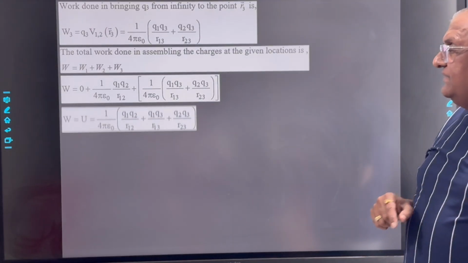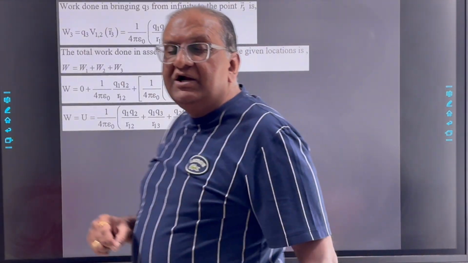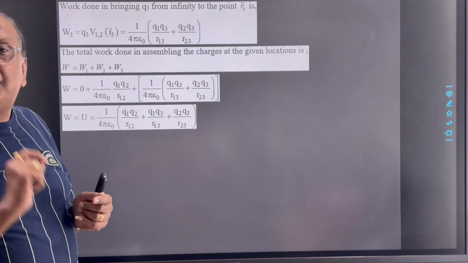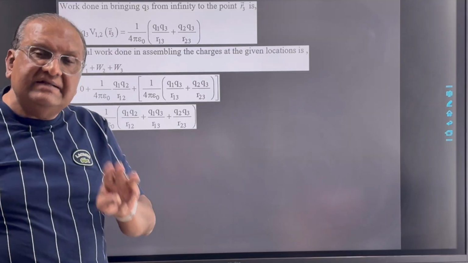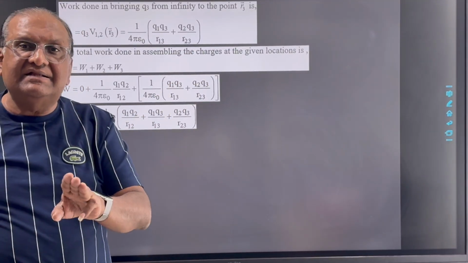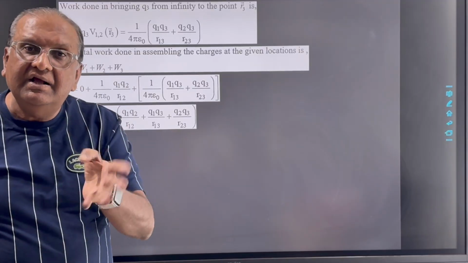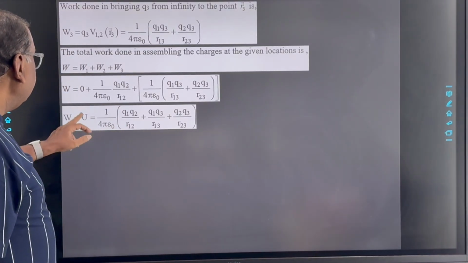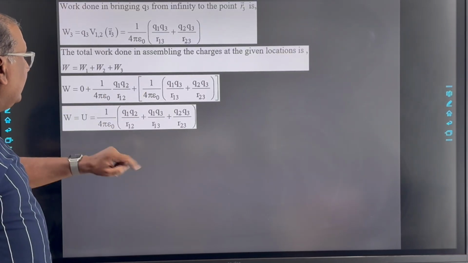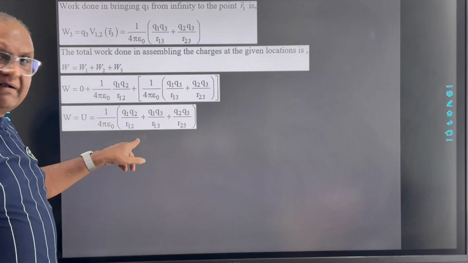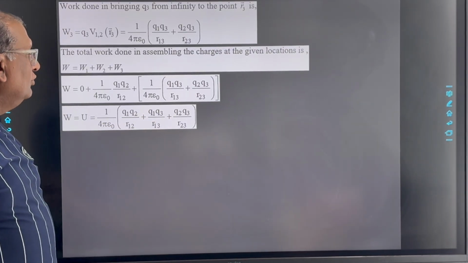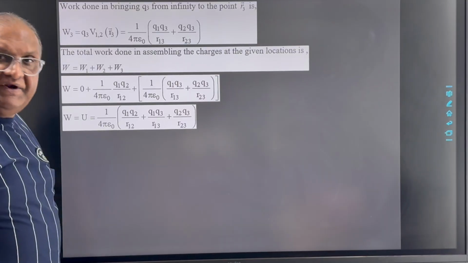So here the resultant work done to assemble the system of 3 charges is stored in the form of potential energy. So we can say the potential energy of a system of 3 charges Q1, Q2 and Q3 is U equal to 1 upon 4 pi epsilon 0, which is taken common here, times Q1 Q2 upon R12 plus Q1 Q3 upon R13 plus Q2 Q3 upon R23.